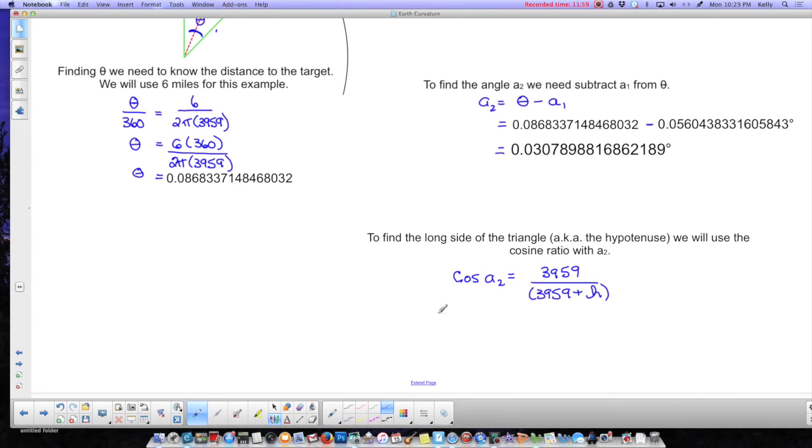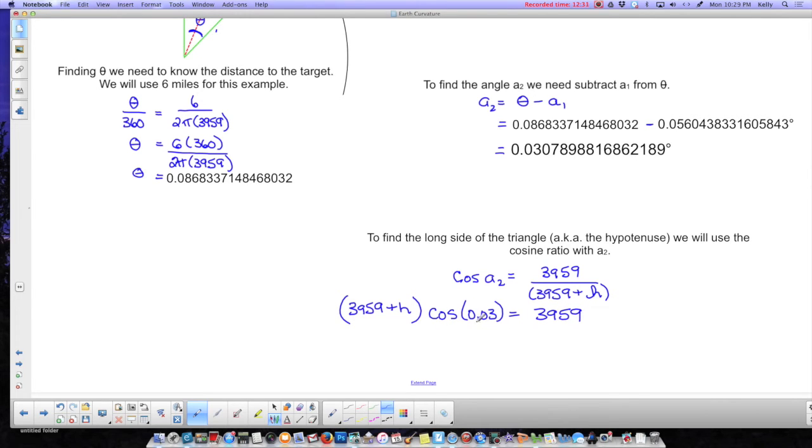We know what this A2 is. A2, I'm just going to write 0.03 down. I will use all the digits, but this side is being divided by this expression. So in order to get rid of this expression on the bottom, I'm going to multiply both sides by that expression. So over here we get 3959 plus h, and that's going to equal just plain 3959.